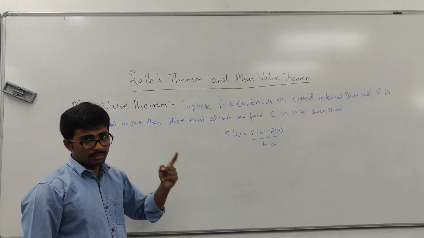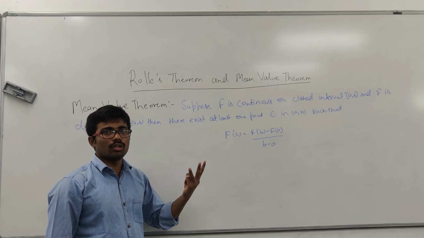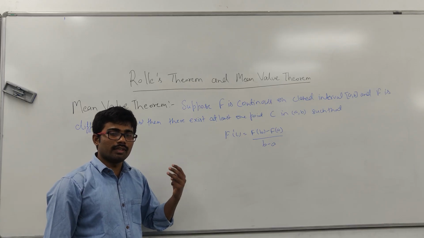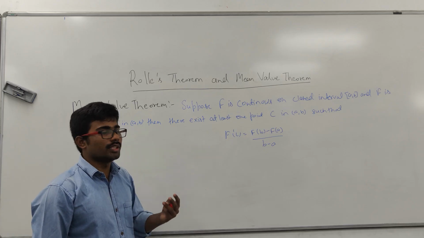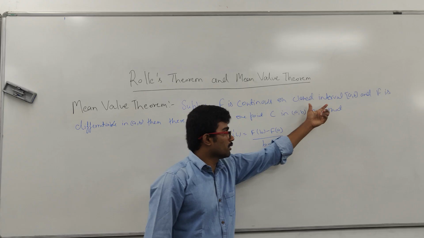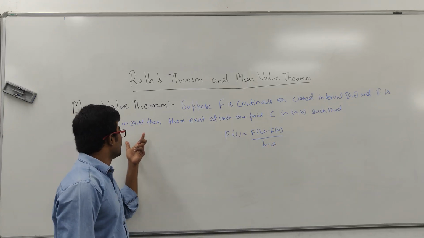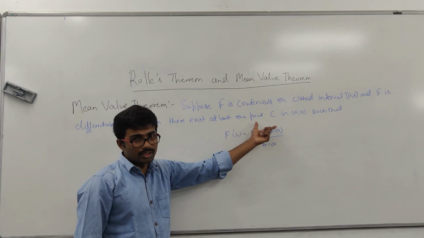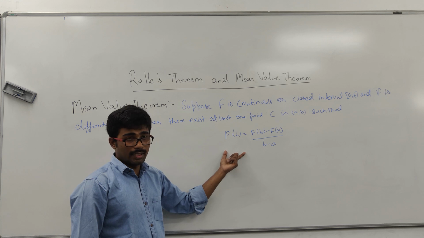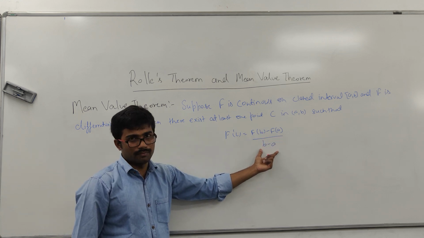First one is f must be continuous, second is f must be differentiable, and third is f of a equals to f of b. But in mean value theorem, f has to satisfy only two conditions. First one is f must be continuous in the closed interval a comma b, and second is f must be differentiable in open interval a comma b. Then we get at least one point c in open interval a comma b such that f dash c is equals to f of b minus f of a upon b minus a.